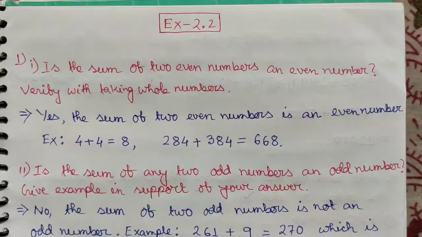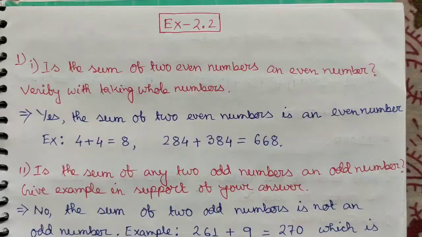Then the number is known as an even number. So our first question is: if we add two even numbers, is the result an even number? Then verify with whole numbers.